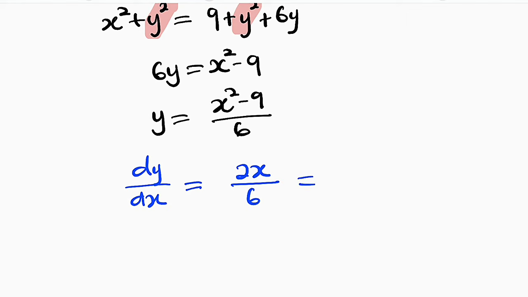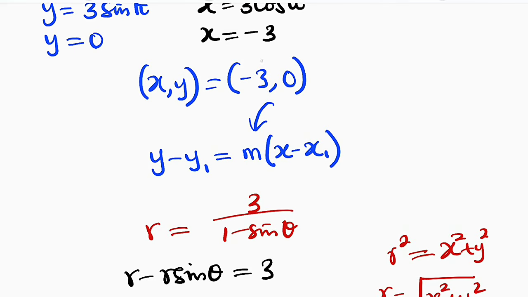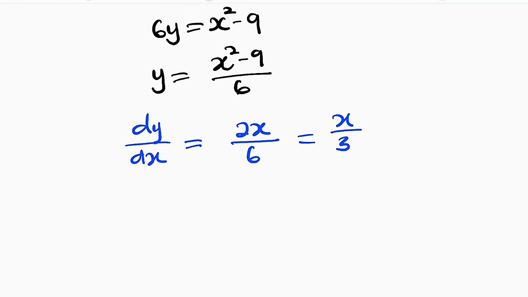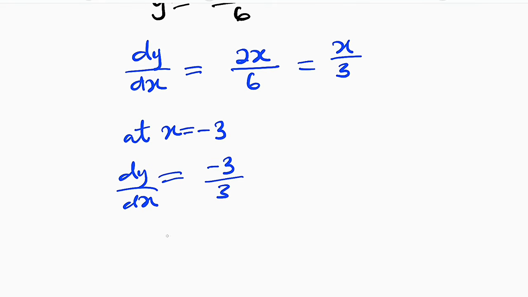So therefore, this is equal to x over 3. But what is the value of x at that point? At that point, x is negative 3. So let us bring it back here. So at x equal to negative 3, we have our dy over dx to be negative 3 divided by 3. And this is equal to negative 1. Therefore, dy over dx is equal to negative 1.